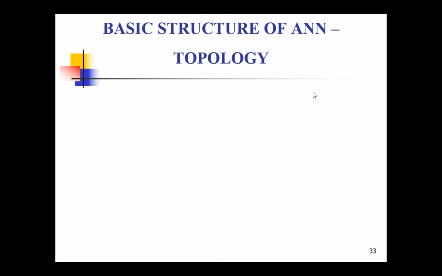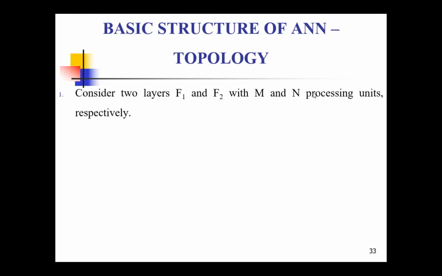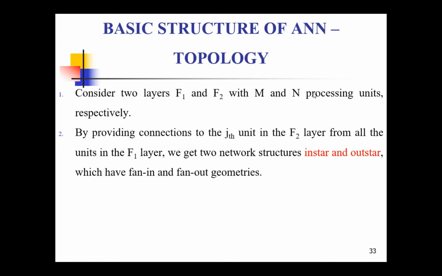So this is the basic structure of an ANN, that is, the topological structure. Here we consider two layers with M and N processing units. Processing units are nothing but the neurons. So in the F1 layer I have M neurons, and in the F2 layer I have N neurons. Now I am going to provide connections to the jth unit in the F2 layer from all the units of F1.